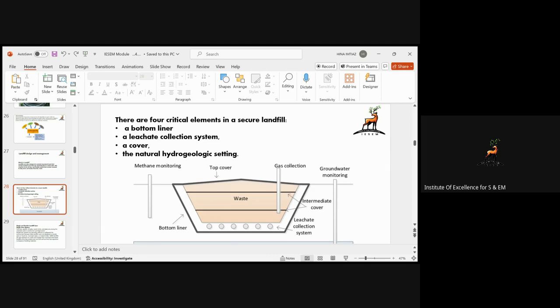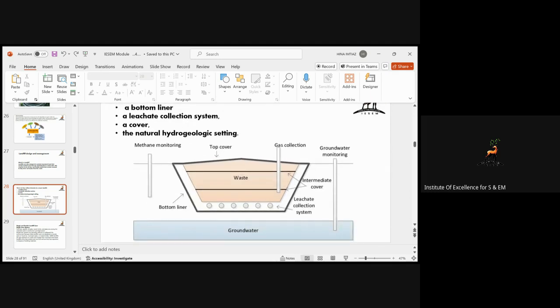Because before installation of any landfill, you must know the hydrological settings of that location. So when you are going to select the land or the area for the designing or installation of any landfill, you must know the geochemistry of the soil and the hydrological settings as well.